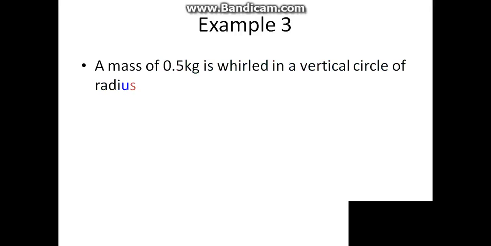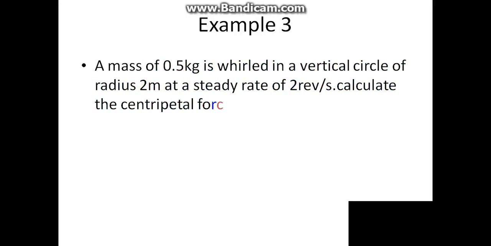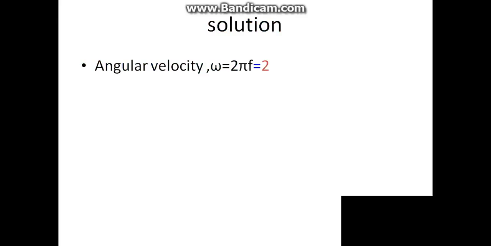Example 3. A mass of 0.5 kg is whirled in a vertical circle of radius 2 meters at a steady rate of 2 revolutions per second. Calculate the centripetal force. Solution. Angular velocity omega is equal to 2 pi f, with f representing the frequency.